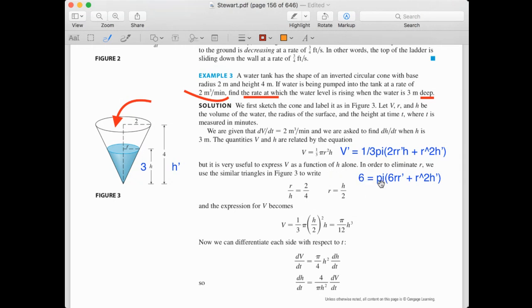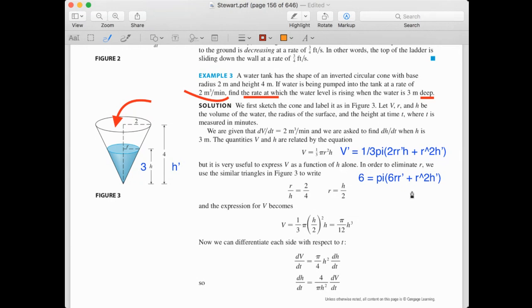I have 6 pi equals pi times 6 r prime. This 6 comes from 2 times 3 because I multiplied by 3 on both sides to get rid of the 1/3. V prime is 2, so 2 times 3, I get 6 pi. 2 r prime h, so h is 3, 2 times 3 is 6 r prime, plus r squared h prime.